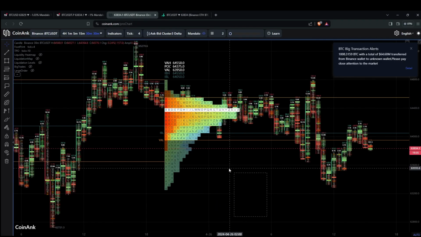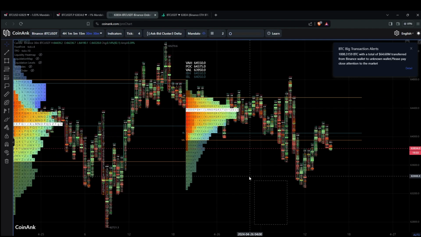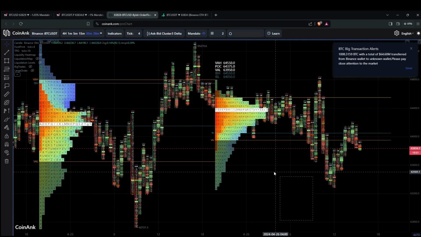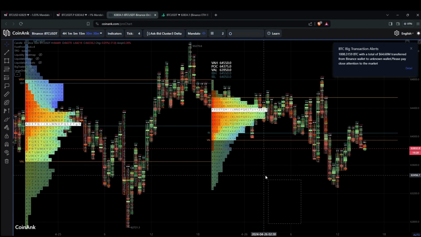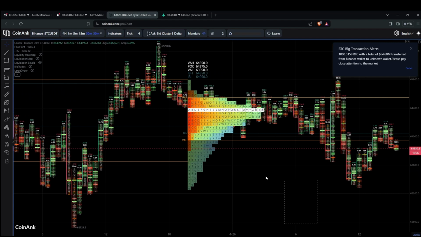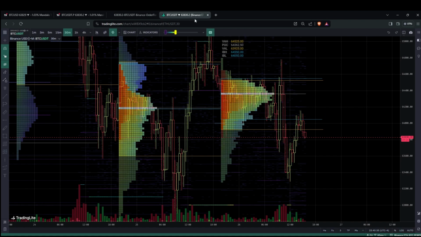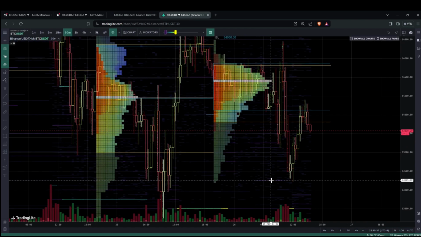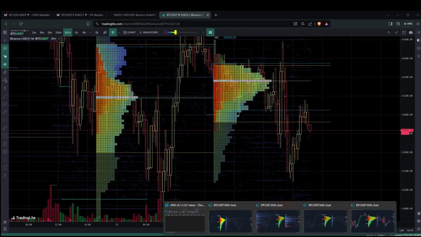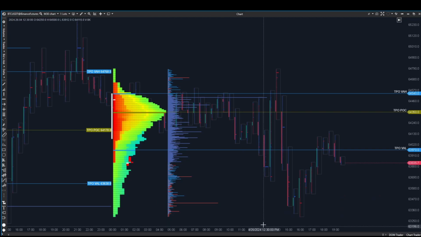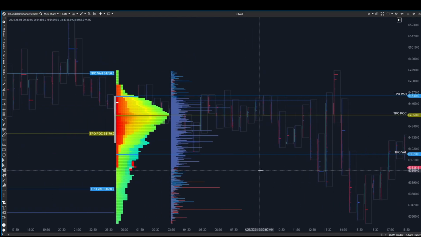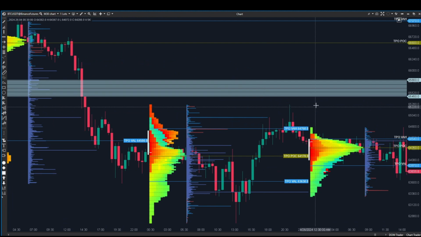There's other places that are free to look at TPO. CoinAnk is one, so anybody can use these charts for crypto at least. Trading Light is a nice place, and then Addis charts are another nice place to view TPO.